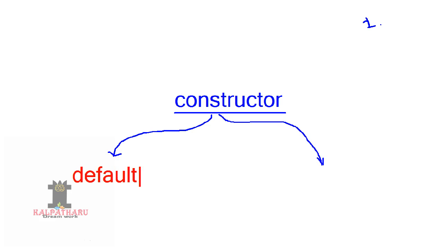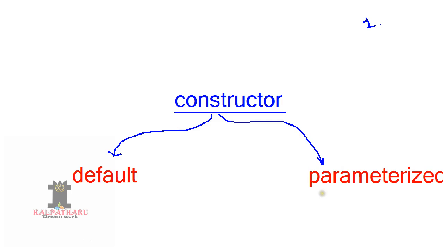It is also called the no-argument constructor. No arguments are passed here. That's why it is called the default constructor. Then comes the parameterized constructor. Java has the default constructor and the parameterized constructor. In the default constructor, there is no parameter.